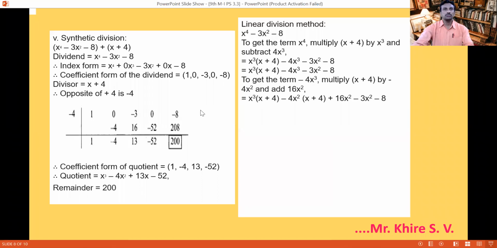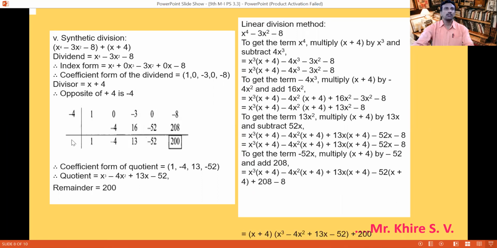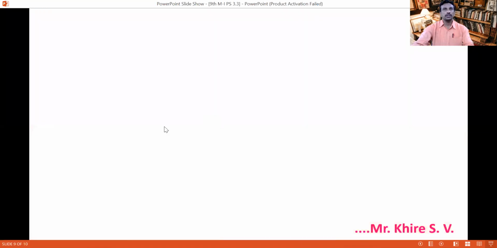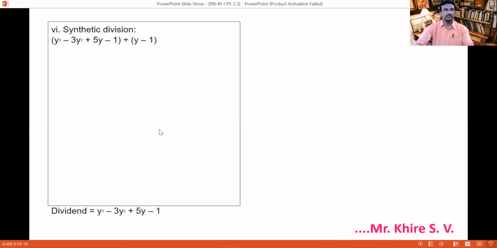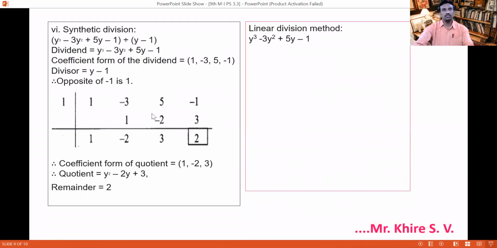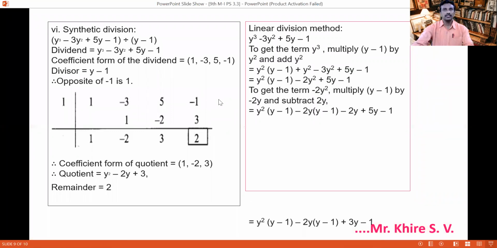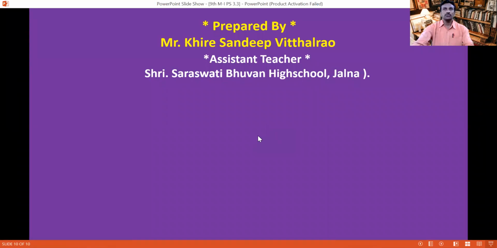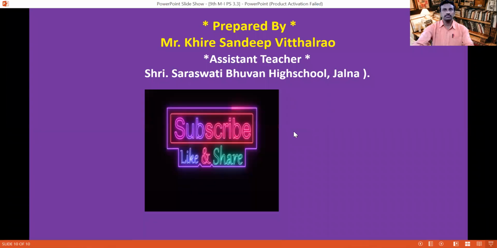By using these two methods, you have to solve all examples in the practice set 3.3. Same question is there. Only one question is there. Solve all examples in that question. You can solve these examples in your notebook.